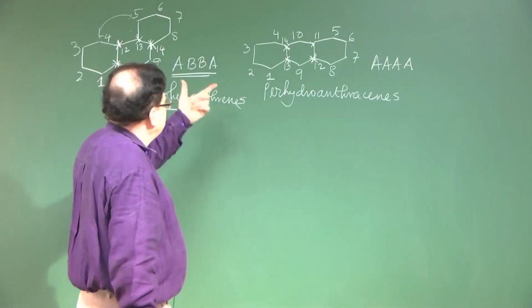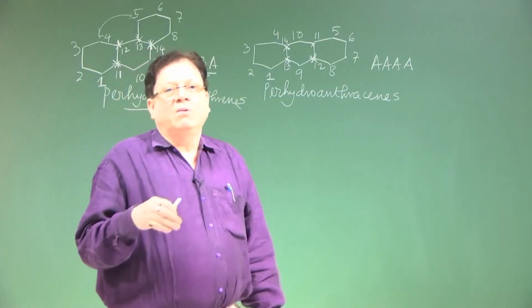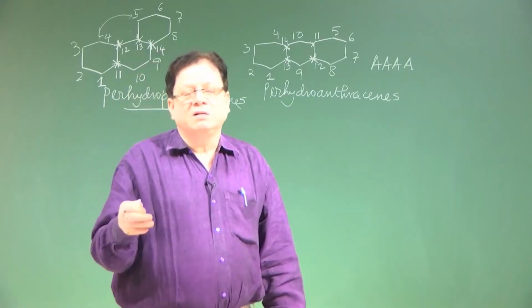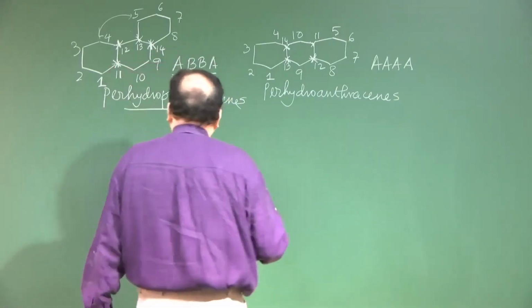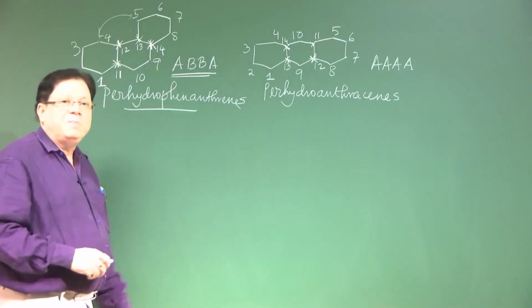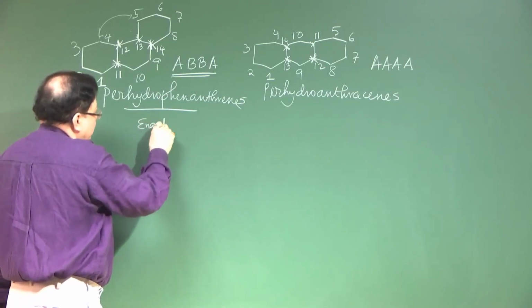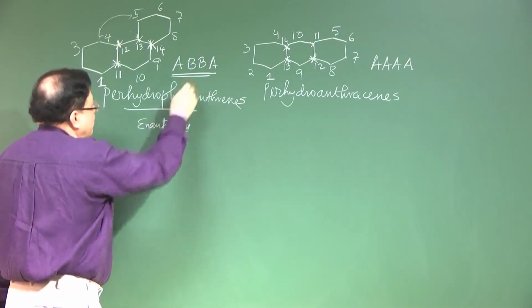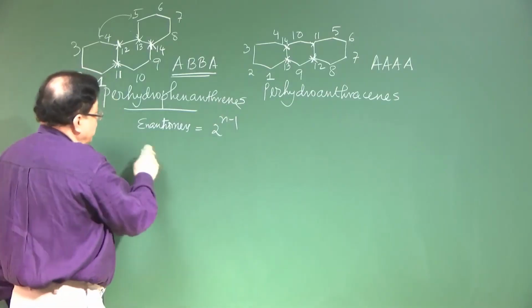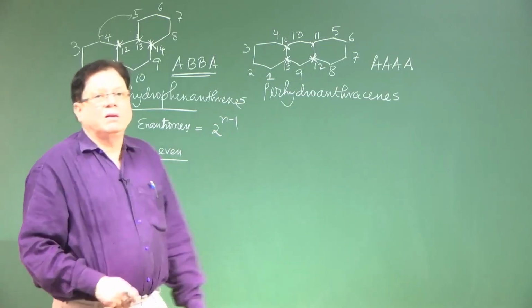Now, the more similarity you have, the number of isomers will be less. The more similarity you have, that lowers the number of stereoisomers. Now, there is a formula which exists for this type of system, ABBA, and that says that the number of enantiomers for an ABBA system equals 2 to the power n minus 1, provided n is even.